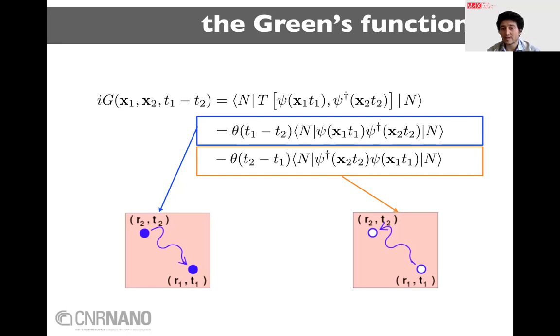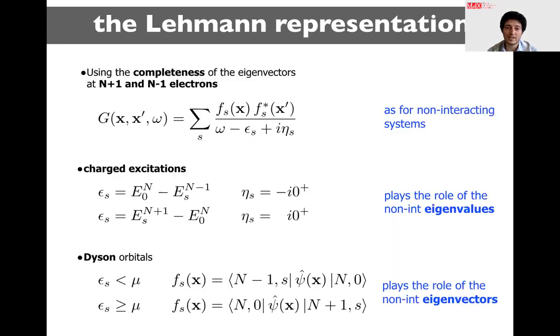And so that's why, in order to expand these dynamics, we need to address excited states that are charged. So this object basically embodies the knowledge about charge excited states, charge excitations.